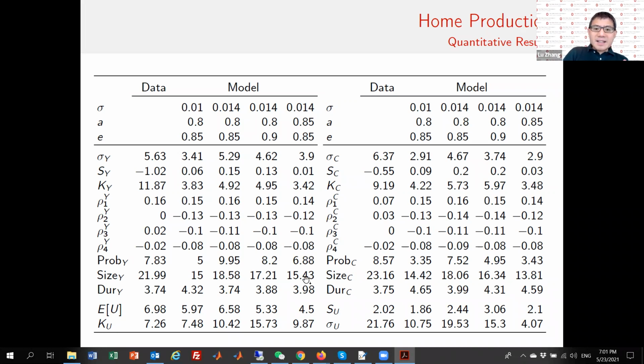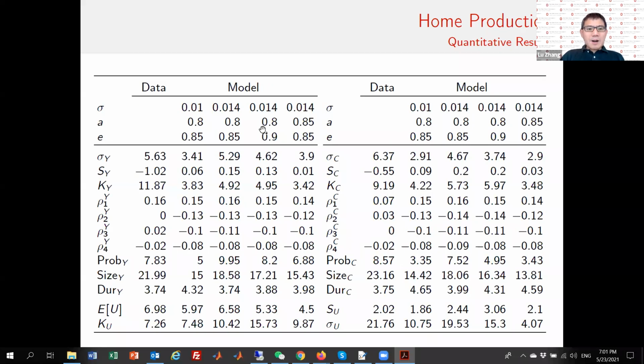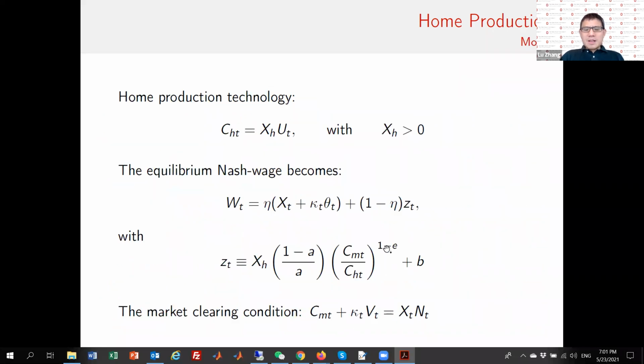Okay, in the second comparative static, we increase elasticity from 0.85 to 0.9. So intuitively, if market goods and home goods are more substitutable, then home production loses its appeal. The flow value drops again.